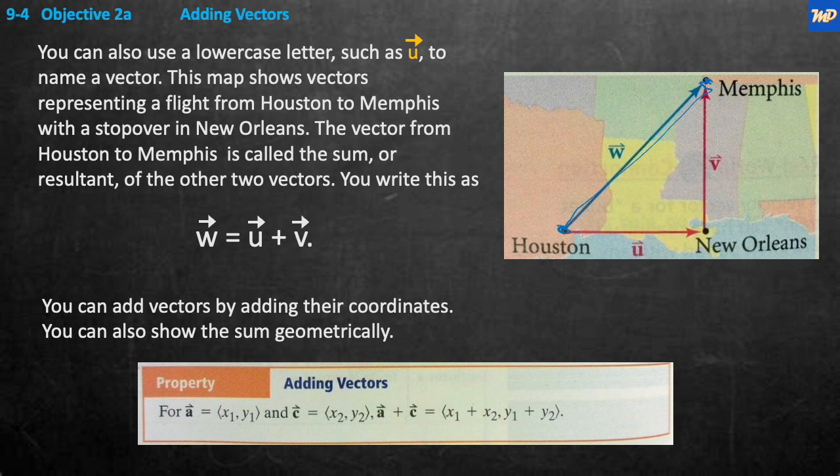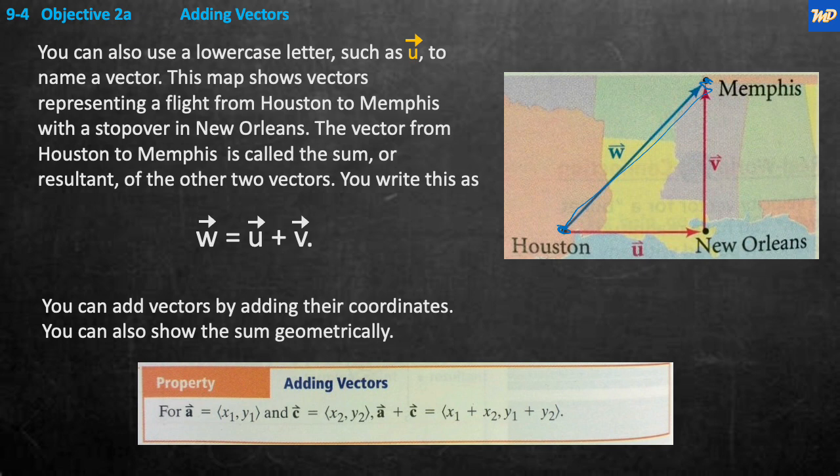So it flew out on vector u and went to New Orleans and then took off from there on vector v and went up to Memphis. The vector from Houston to Memphis is called the sum or the resultant of the other two vectors. You can write this as the vector w is equal to the vector u plus the vector v.